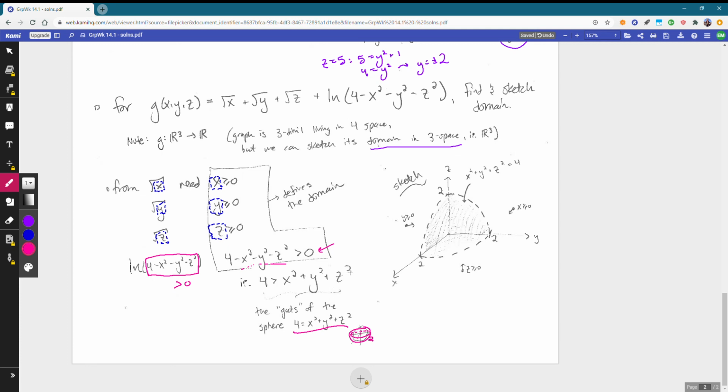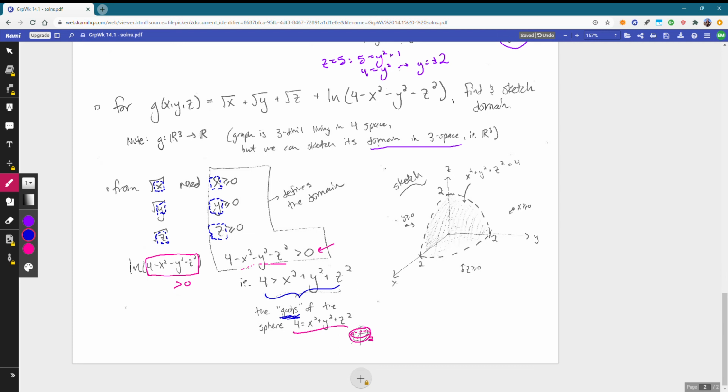But since we want the x, y's, and z's that make this expression less than 4, that's going to be the guts of the sphere. If the sphere was an orange, we don't include the peel. It's just the juicy goodness inside. The guts of the sphere, the stuff inside. And that's what this is describing for us.